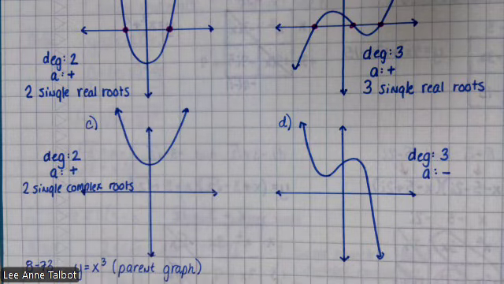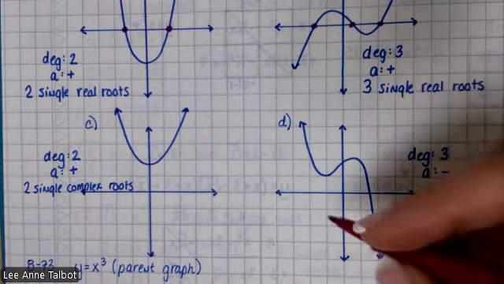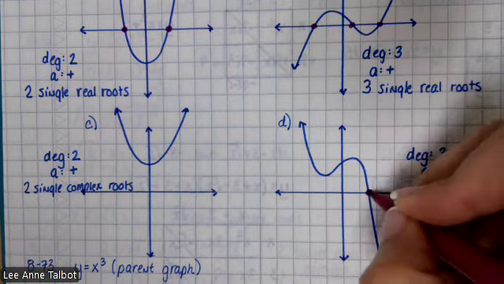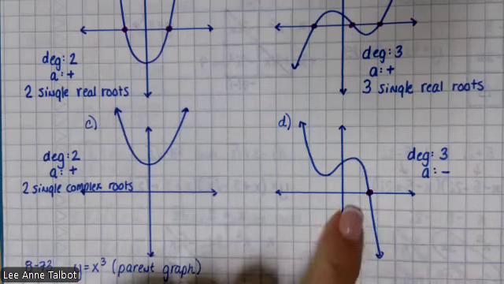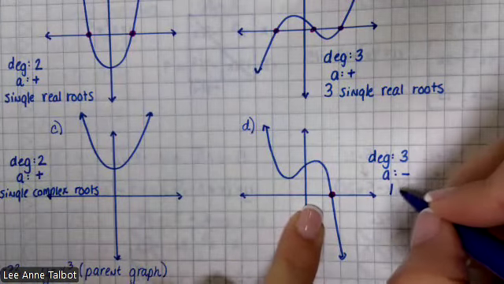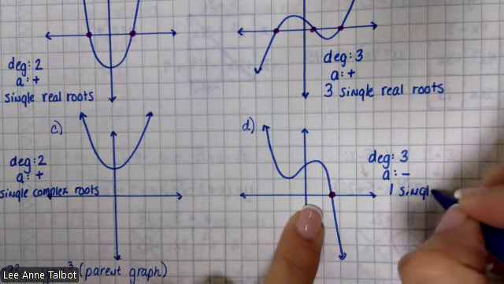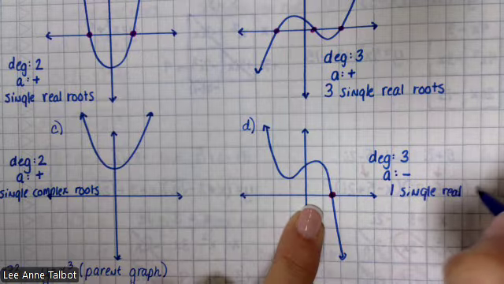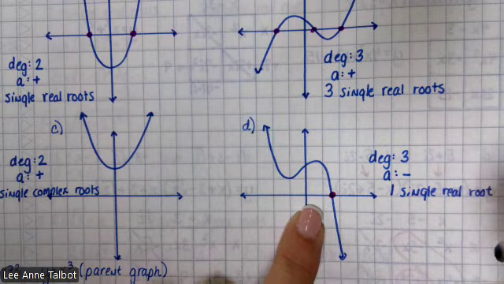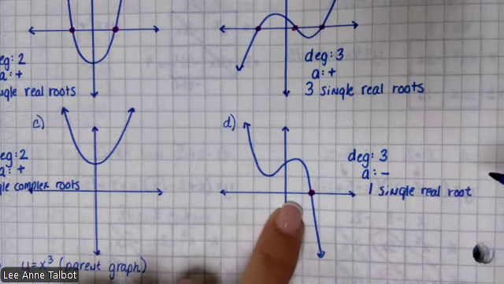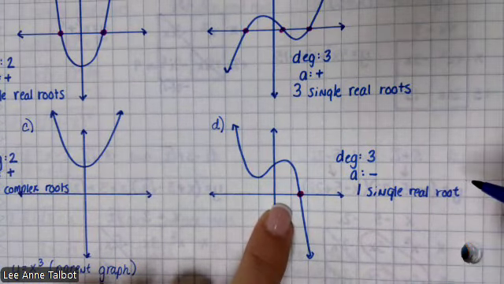Okay, now get out your other color. We have 1 single real root. How many roots does there have to be though? 3.